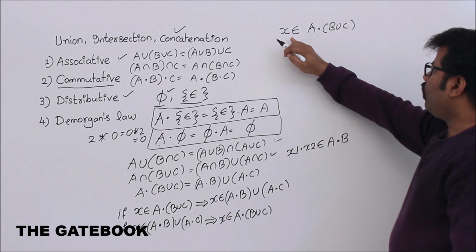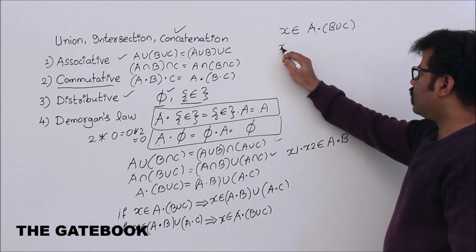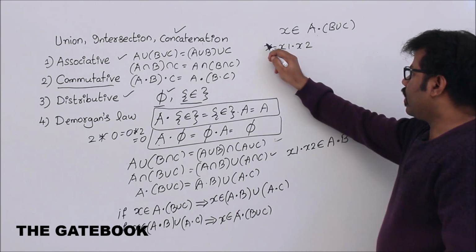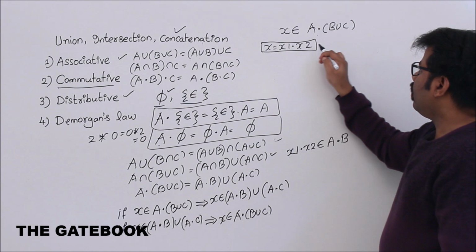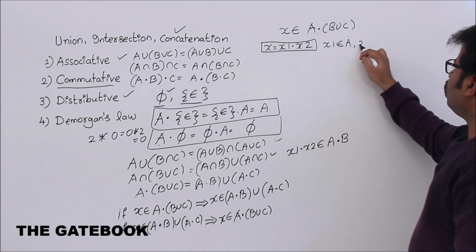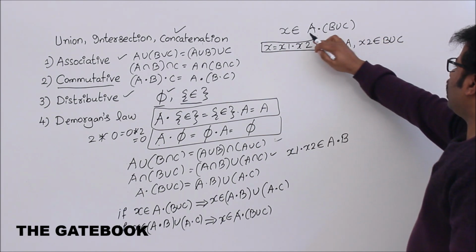We know that if X belongs to A dot (B union C), there should be two strings x1, x2 such that X equals x1 dot x2, where x1 belongs to A and x2 belongs to B union C, correct? That is the definition of concatenation.